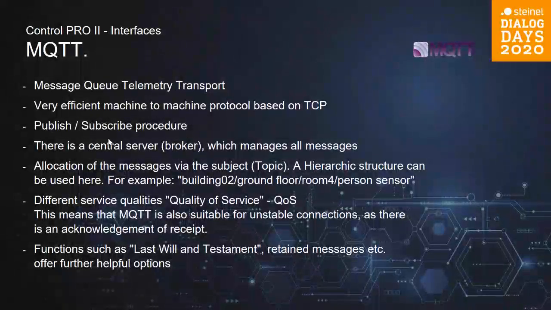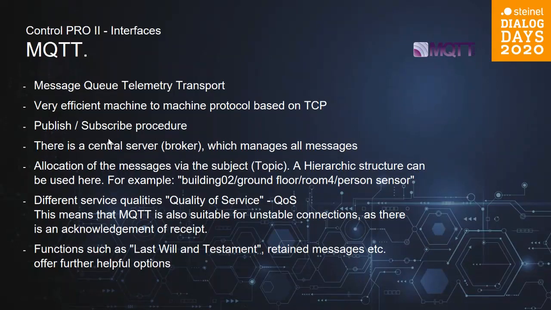And lastly, with MQTT, this is Message Queue Telemetry Transport. This is a very efficient machine-to-machine protocol based on TCP. We can publish and subscribe, and there is a central broker. This is a central server which manages all messages.